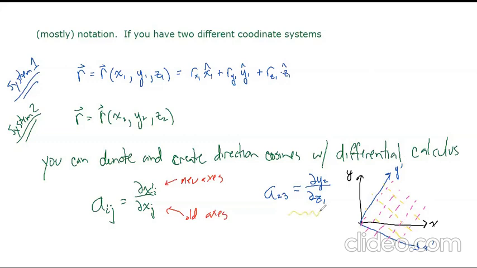For us, we won't do anything really weird, like curved coordinate systems for a while, but you'll see this notation and it'll be kind of baffling. And at this point, you've been trained to see these squiggly Ds and say, calculus, I've got to take derivatives. For you guys right now, until we get into Christoffel symbols, it is just notation. But it's notation that says that the rate of change of a line of constant y prime has something to do with the rate of change of y. And the slope of that, as per what differential calculus means, actually really is cosine of theta.